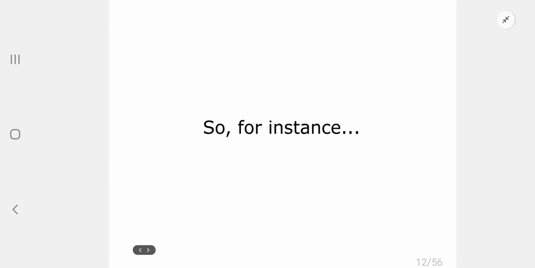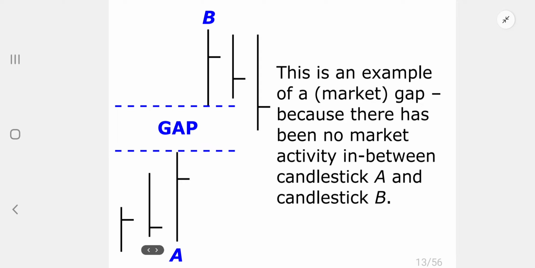So, for instance, this is an example of a market gap because there has been no market activity in between candlestick A and candlestick B.